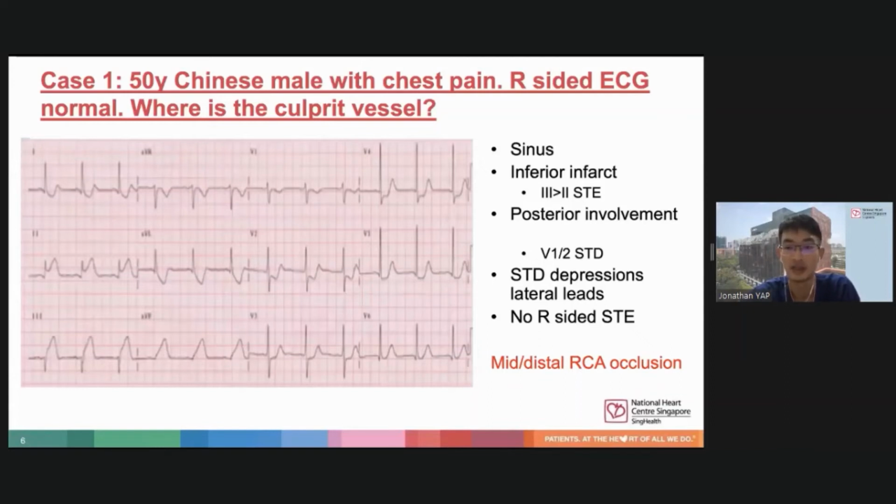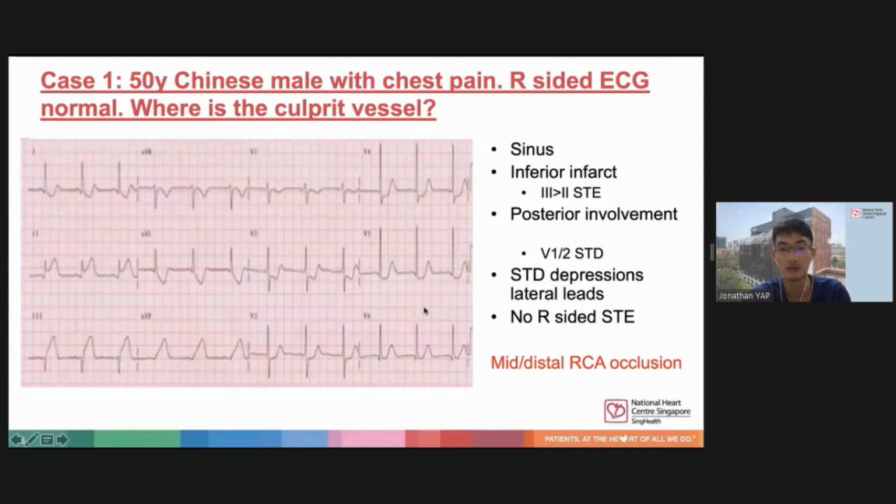And there are a few other things that we want to look at. We look at V1 and V2. You can see deep ST depressions. And we know V1 and V2 look at the anterior part of the heart. If you flip it over, the ST depression is actually ST elevation in the posterior leads. So that's how we know that there's posterior involvement. Look at the lateral leads, you see reciprocal ST depressions.